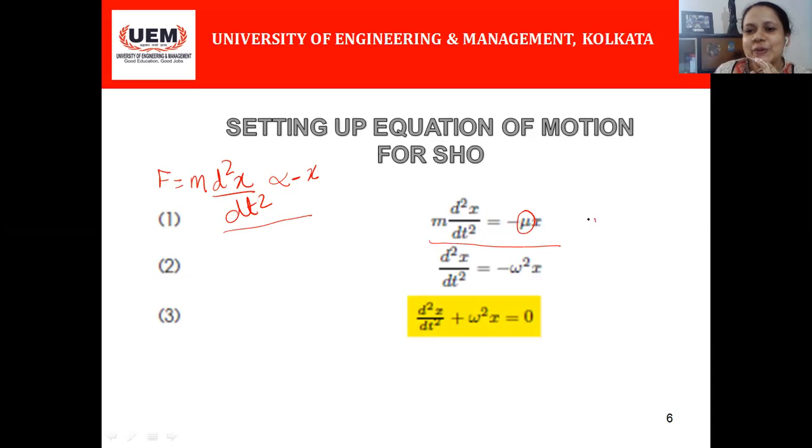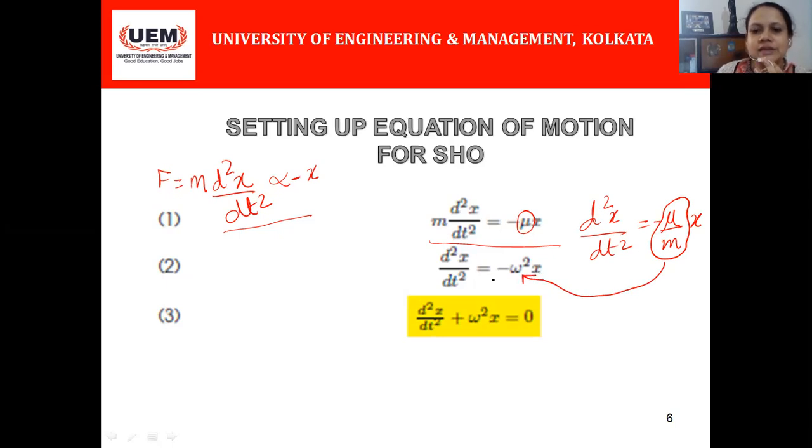So d2x dt2 is equal to minus mu by m into x, where m is of course the mass of the oscillator, and the constant mu by m, mu divided by the constant mass m, we depict by another constant omega square. So d2x dt2 is equal to minus omega square x.